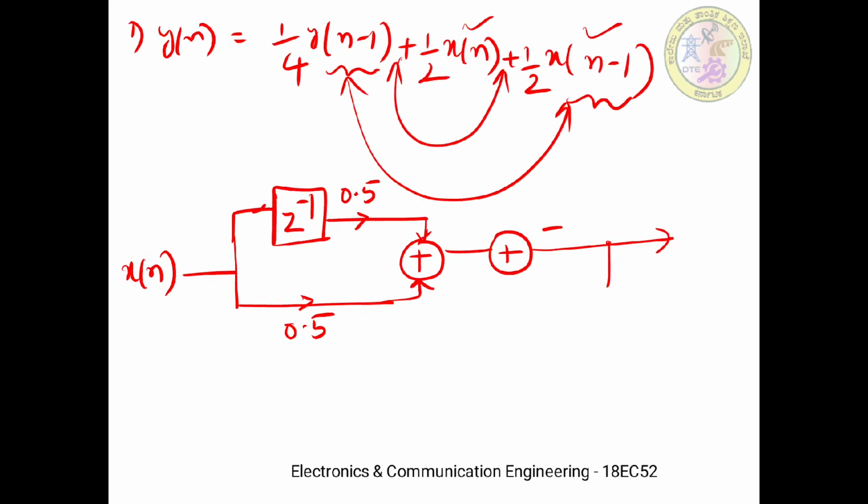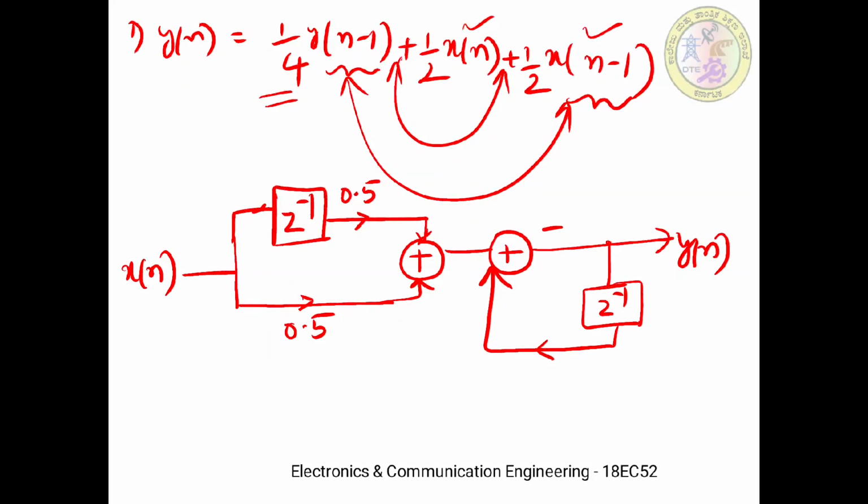Here it is y of n. Y of n is again delayed by one sample, and that delay will be given to this adder, and that is multiplied by what? 1 by 4, that is 0.25. So now this is the block diagram representation for this input output relation.